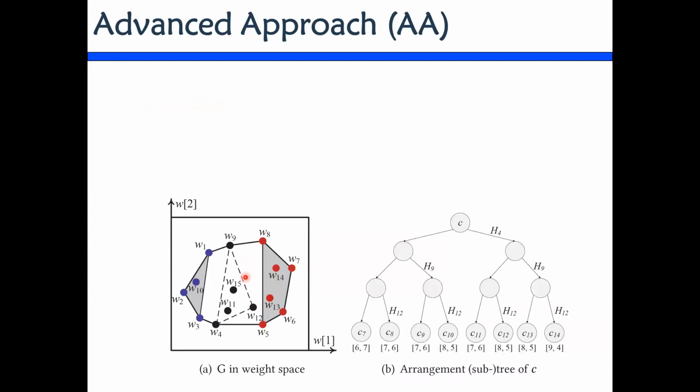Furthermore, that classification and this observation can also help us in a delayed processing of the influential half spaces of these in-between users who cut through the cell C. So instead of just partitioning the cell according to all 5 of them, we just take those in the convex hull of these black users. So we only partition a cell, the cell in question, let's say C, according to the influential half spaces of W4, W12, and W9, and we're getting these partitions.